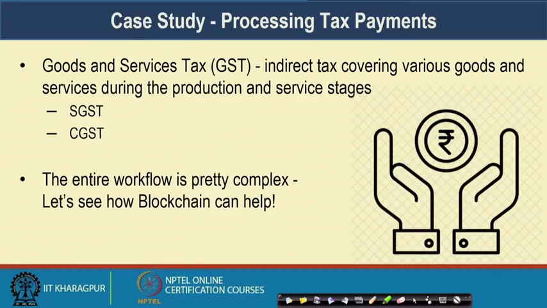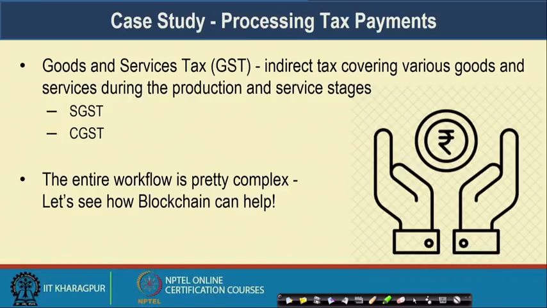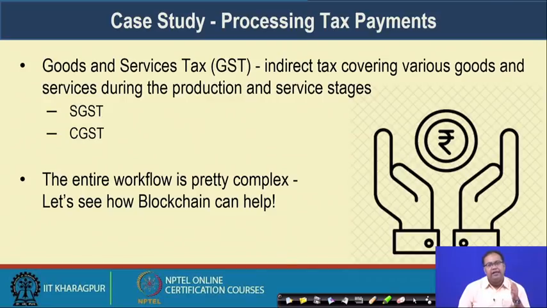So, let us start with the first use case, processing the tax payment. In this case, the Goods and Service Tax, GST, that all of you know, is an indirect tax which covers various goods and services provided by different kinds of service providers or vendors during the production and service stages.